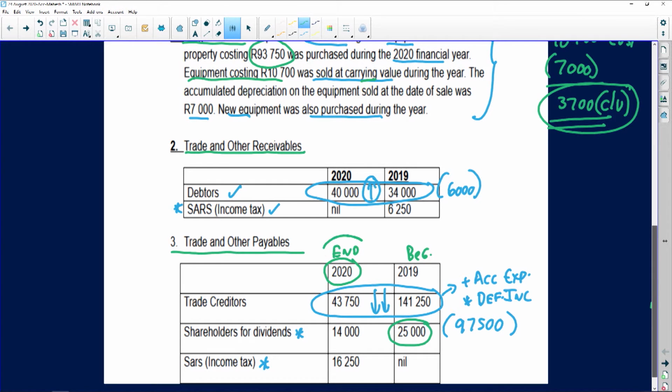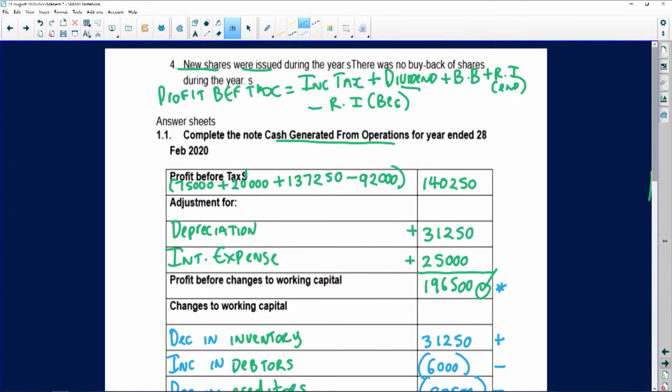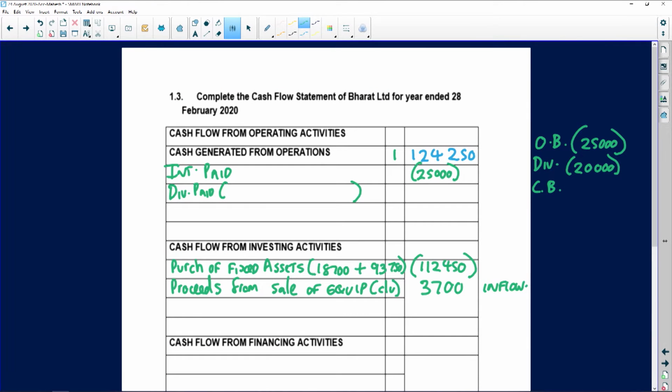So at the end of the financial year, I did not pay my shareholders 14,000. What does that mean? That 14,000 is money that is now staying in my bank account. It's not an outflow of cash because I haven't paid this to the shareholders. So that amount of 14,000 is an inflow of cash.